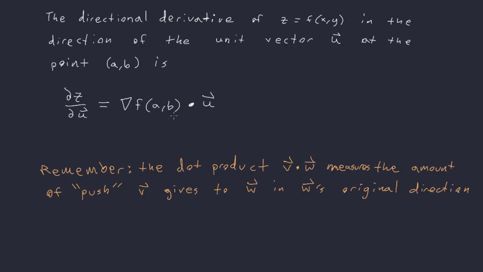So that means the gradient of f dot u is going to measure how much the gradient gives in that direction.